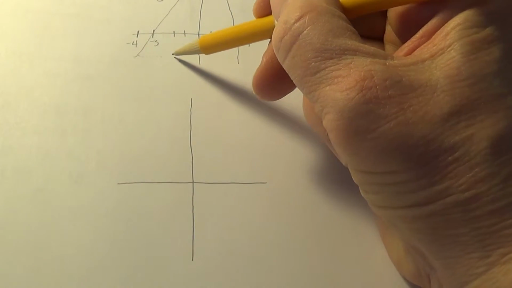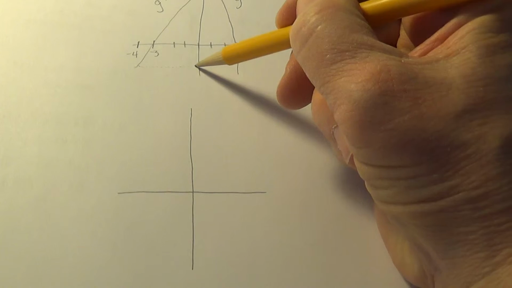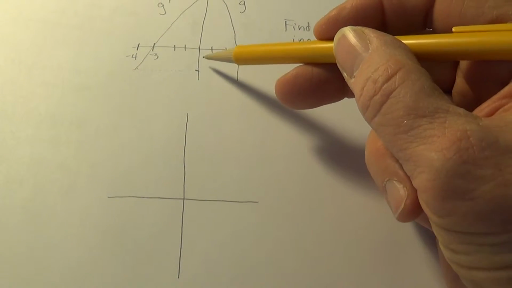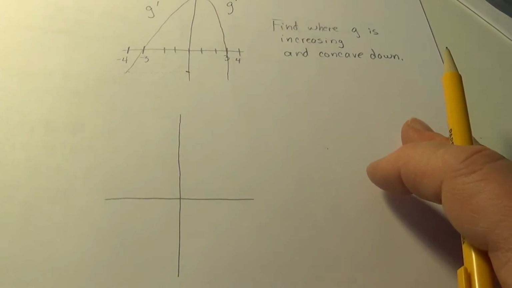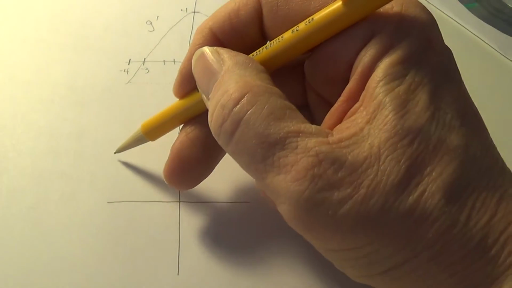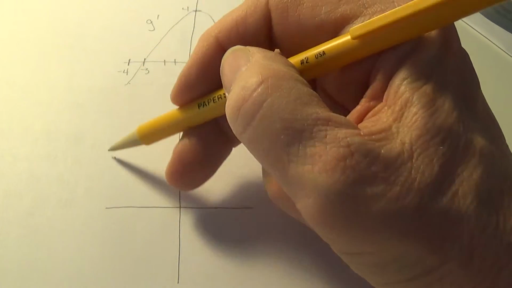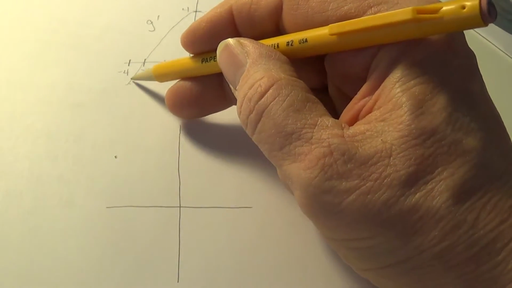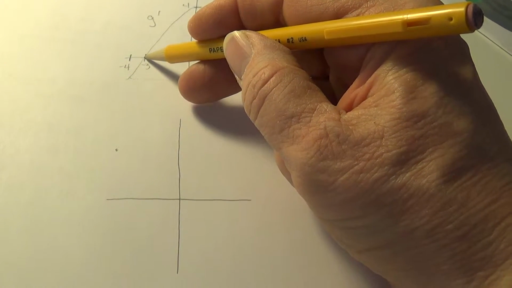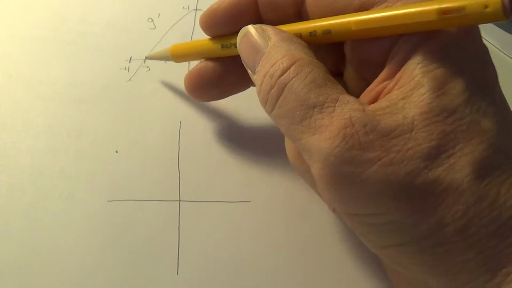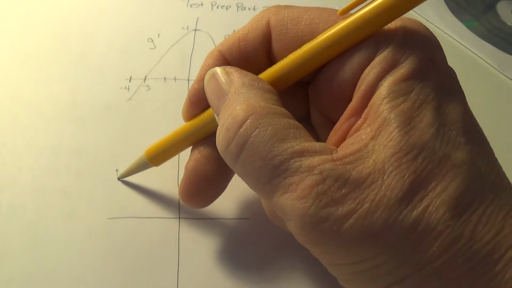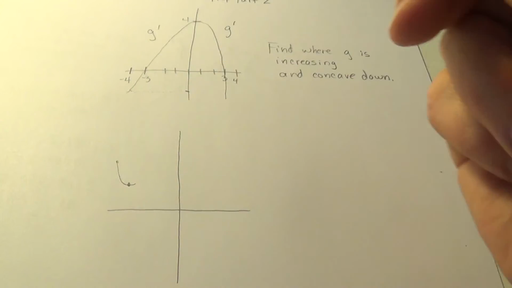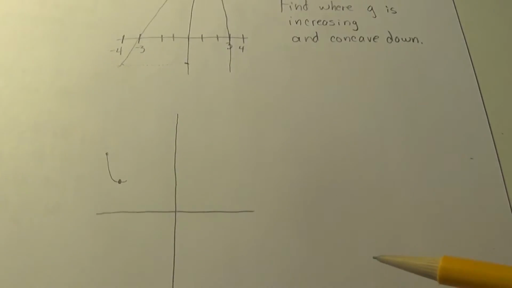I can tell by reading the graph of the derivative: it's definitely below the x-axis, where the negative values are. So I'm going to pick a place to start and give it a negative slope, becoming less and less negative, and then the slope is 0 very quickly at -3. So I'm going to have a valley there, and I'm going to mark that as an important point.